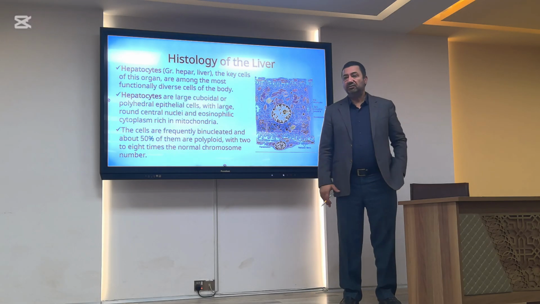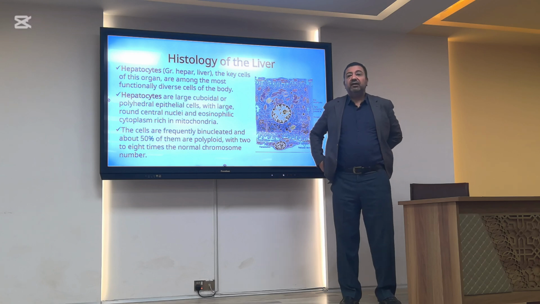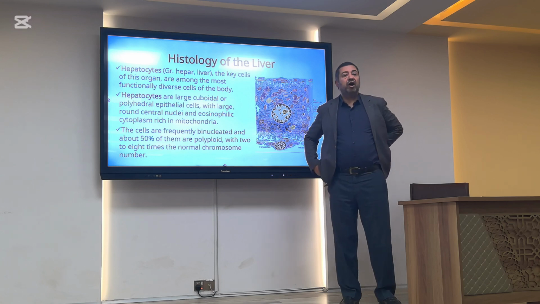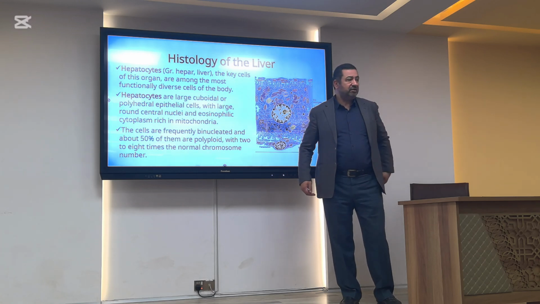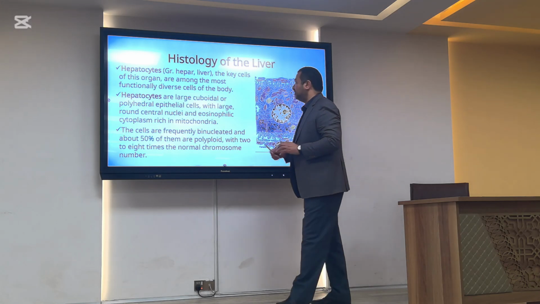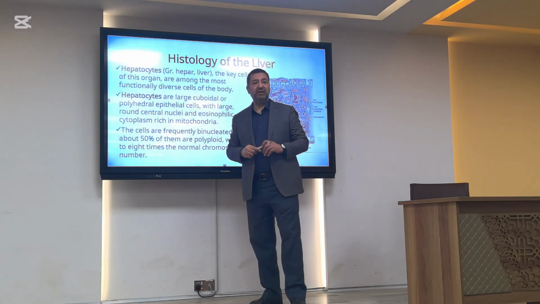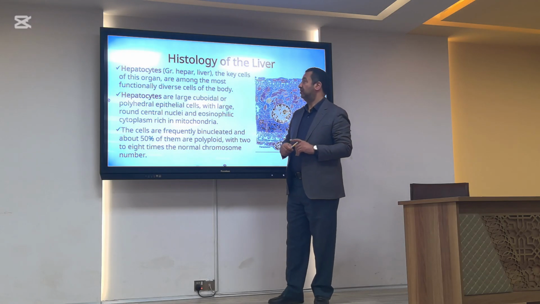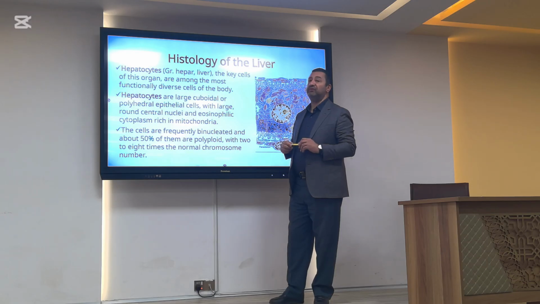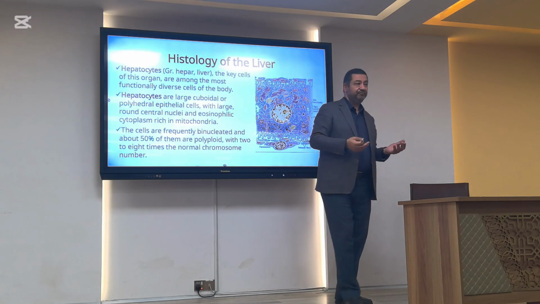The main and more abundant cells in the liver are called hepatocytes. Hepatocytes are key cells in the liver, among the most functionally diverse cells of the body. They have many functions.